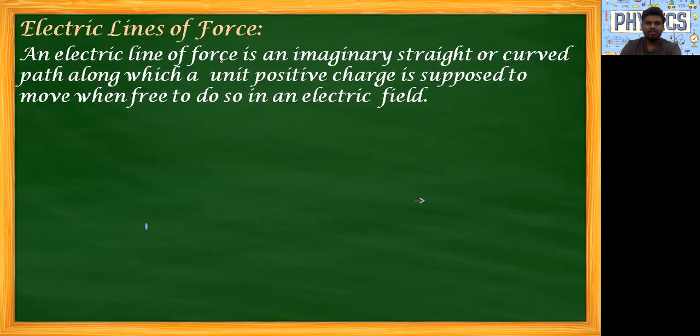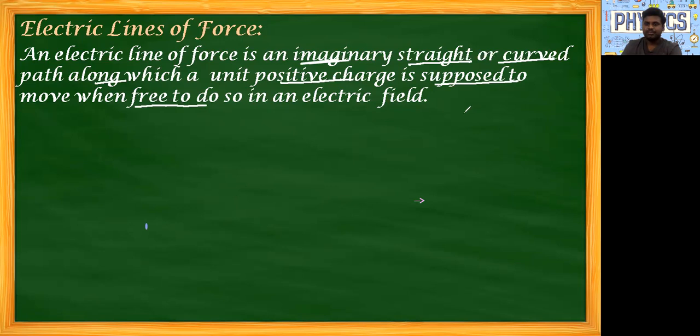An electric line of force is an imaginary straight or curved path along which a unit positive charge is supposed to move when free to do so in an electric field.